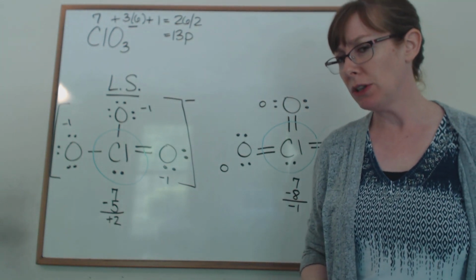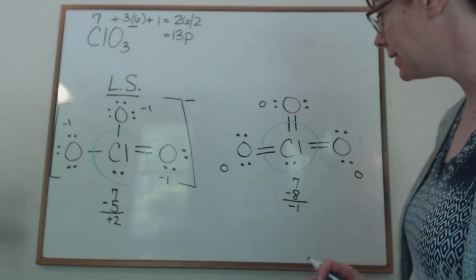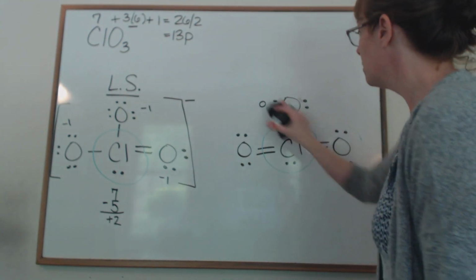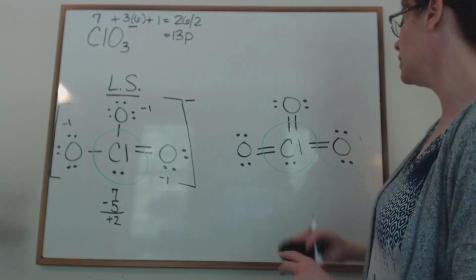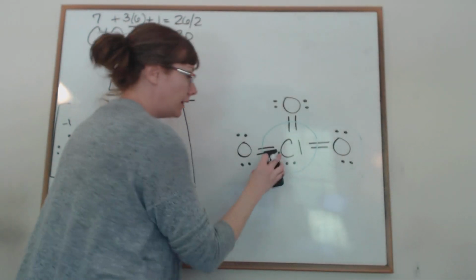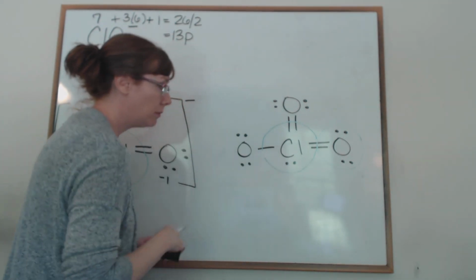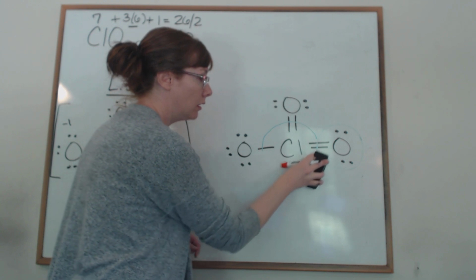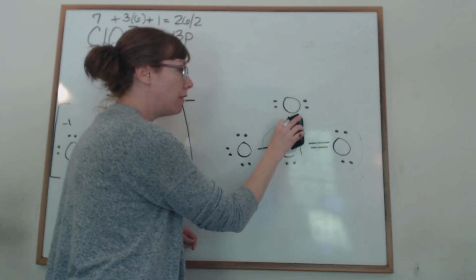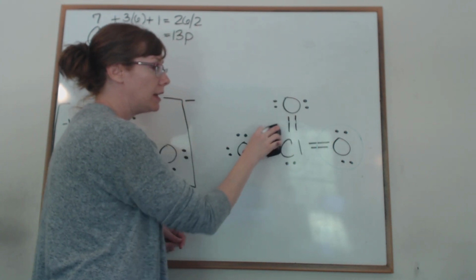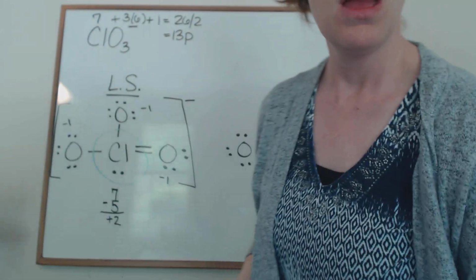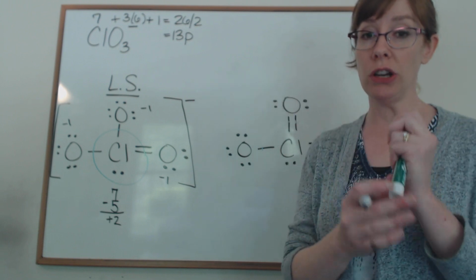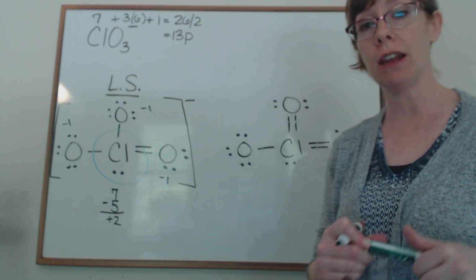The absolute best Lewis structure, if I had to guess, see, with resonance you can play around with it a little bit here. I am guessing that the best Lewis structure would be this one, because remember, if you can't avoid formal charge, in other words, if you can't get zeros on everybody, the best formal charge would be the one that has the negative formal charge on the most electronegative atom.